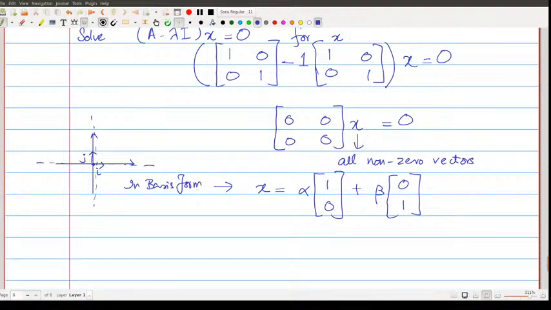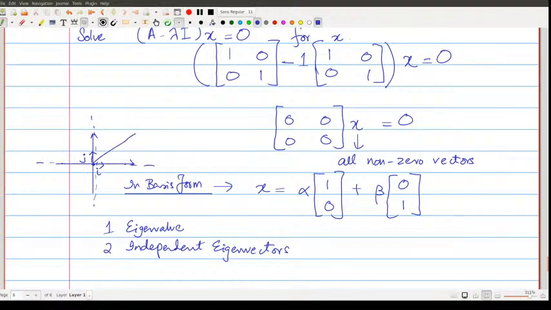So really what we're saying is that we have one eigenvalue and we have two independent eigenvectors, because that's the maximum number of independent vectors that you can have in two-dimensional space. Even this is an eigenvector, but it's not an independent eigenvector.